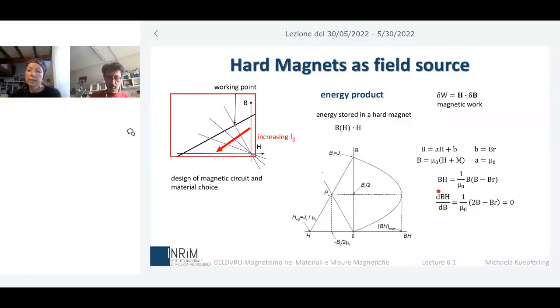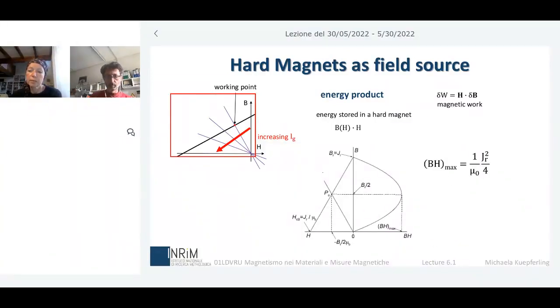Okay, if we want to know where's the point on this curve where we have the maximum, then we have to make a derivative of this BH with respect to B. This can be done very easily, of course, and you find that BH max is equal to 1 over mu0 JR squared divided by 4. So where is this point?